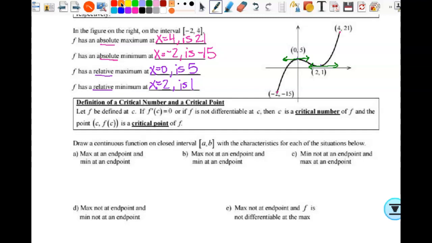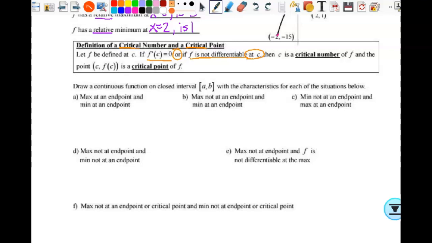So critical numbers. Remember, I just said we're looking for critical points. So our definition of a critical number and a critical point: let f be defined at c. Remember, that's just an x value. If f prime of c equals 0, or if f is not differentiable at c, that means that f prime of c does not exist.